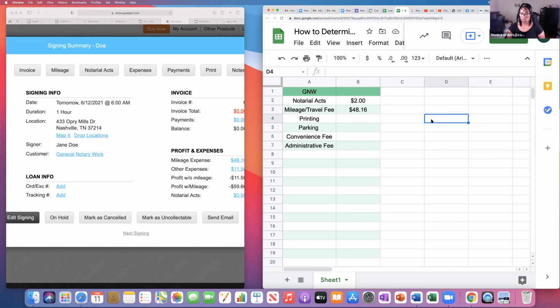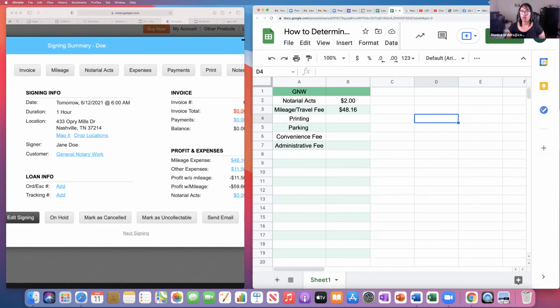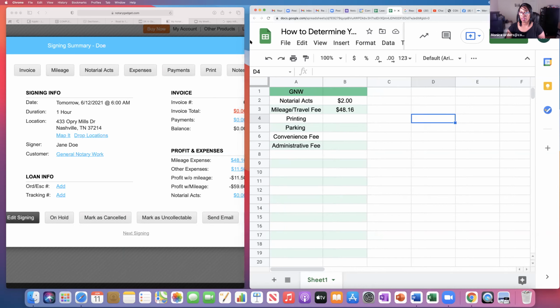But what you do is you determine, can someone please, if you don't mind, on your computer, look up what a ream of paper costs? $5.99. Okay, and that's 500 sheets.